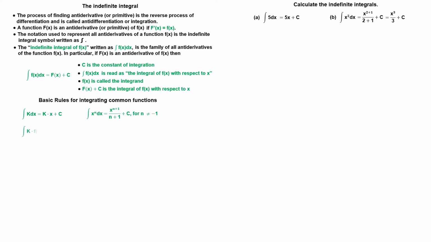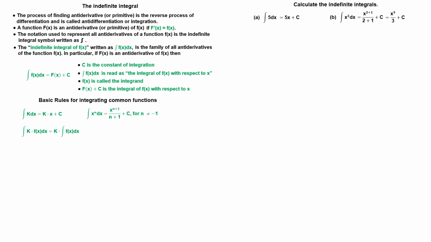This rule states that the indefinite integral of a constant times a function is the constant times the indefinite integral of the function, since the derivative of a constant times a function is the constant times the derivative of the function. Look at the example.